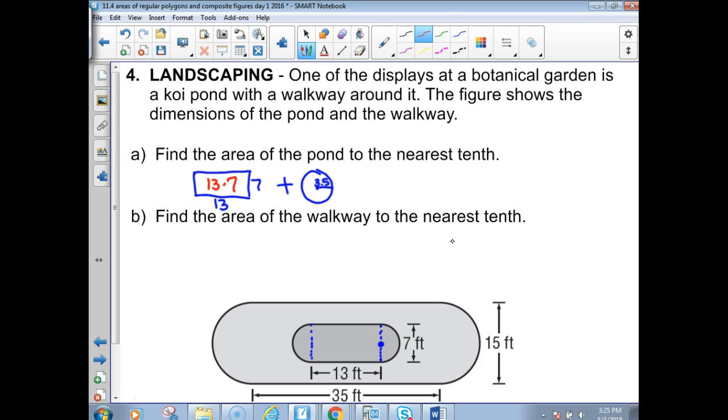That would be 91. Agreed? 70 plus 21, 91. I think I did that right in my head. All right, now, the circle area is pi times the radius squared. So we're going to add on pi times 3.5 squared. Let's get that total area, please.